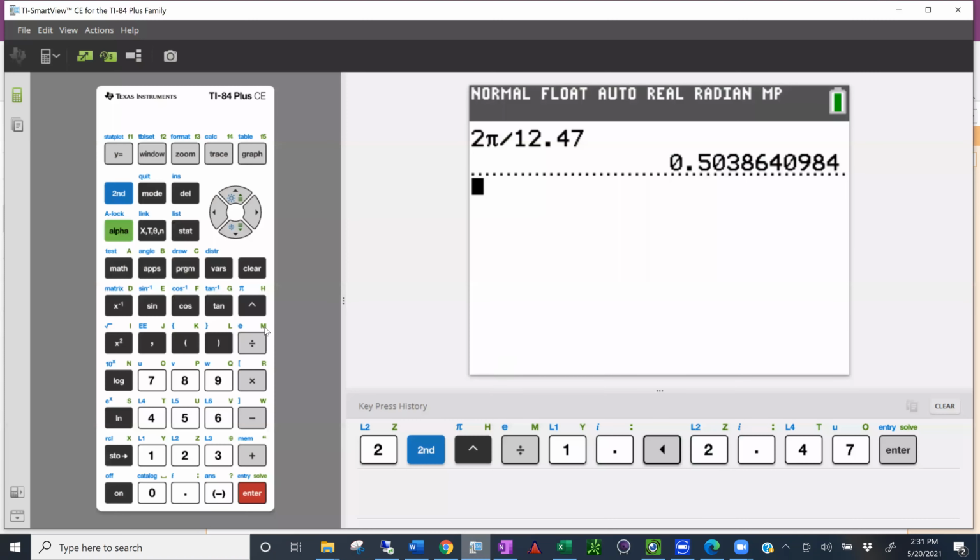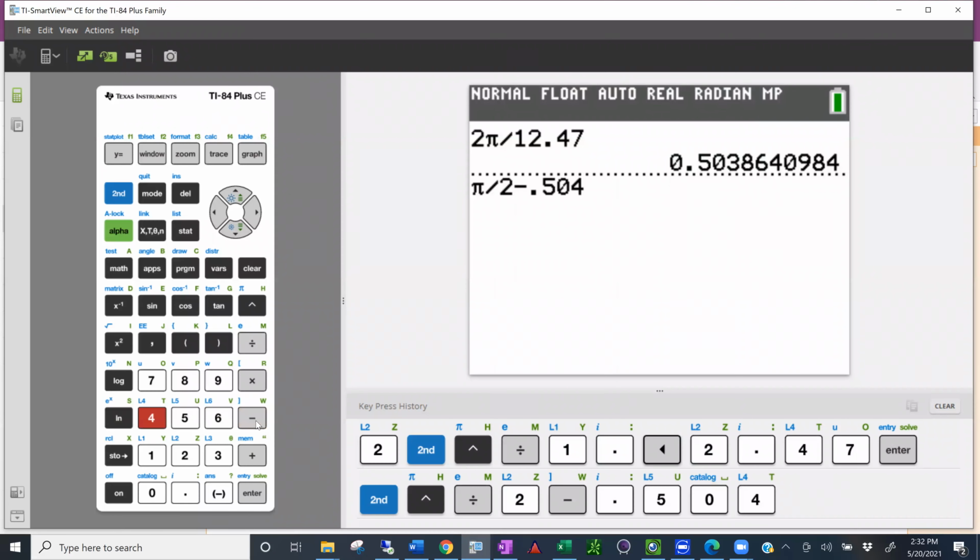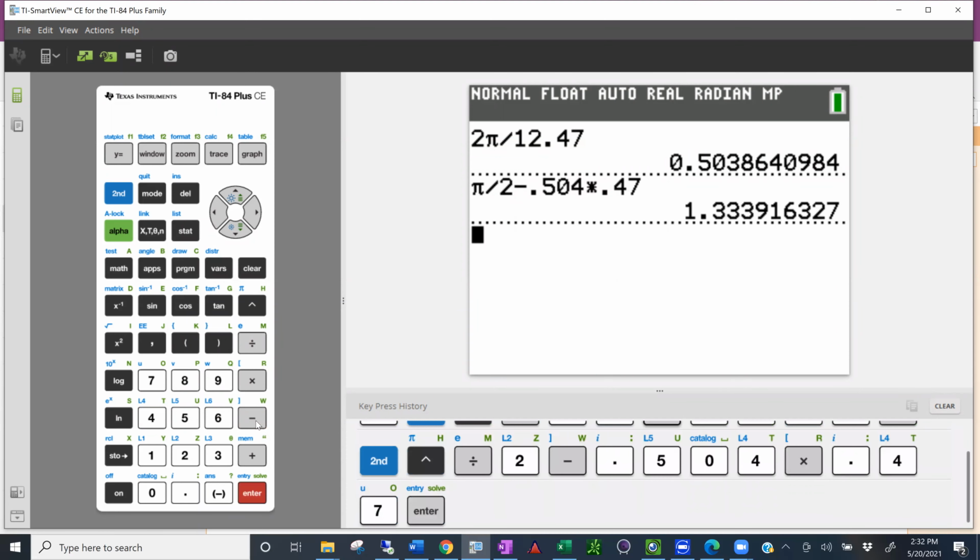Going to bust out the calculator one more time. So pi over 2 minus 0.504 times 0.47. So about 1.334. And that's it.